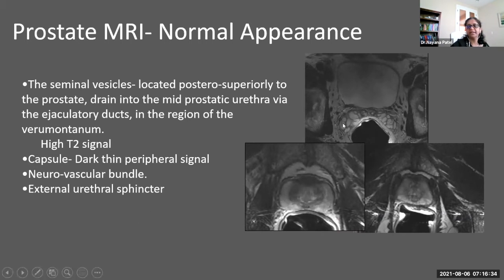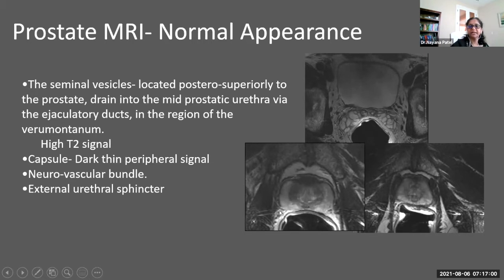Normally, they have high signal intensity on T2 weighted images. The dark thin peripheral signal rim is the capsule. It is important landmark to evaluate the prostate capsule to assess for the extraprostatic extension of the cancer.